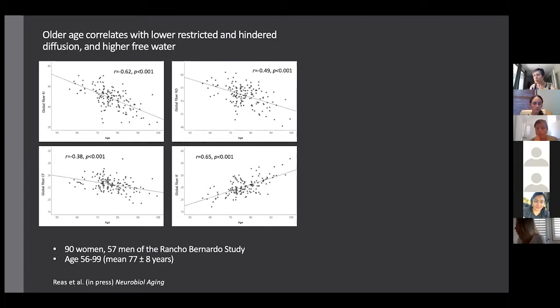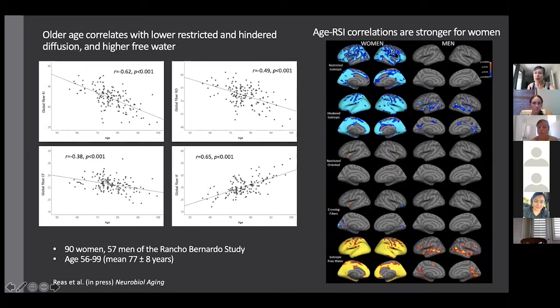So as I mentioned before, sex is another strong risk factor for Alzheimer's disease, with women having a significantly greater chance of developing Alzheimer's disease in older age. So we next compared these correlations between age and microstructure between men and women to see if we saw any sex differences in this age-dependent risk for microstructural damage. And I hope this plot shows you how striking the difference is, but we have women here on the left, men on the right.